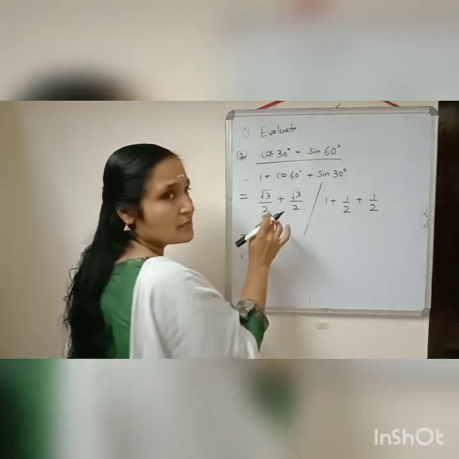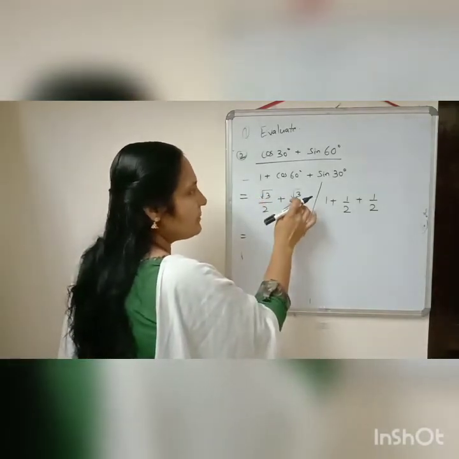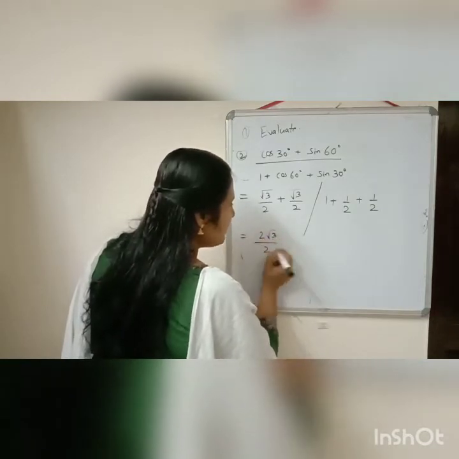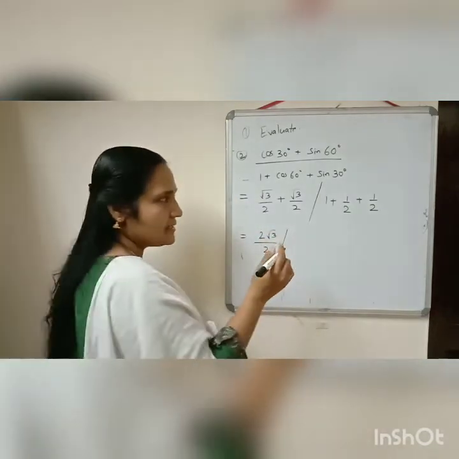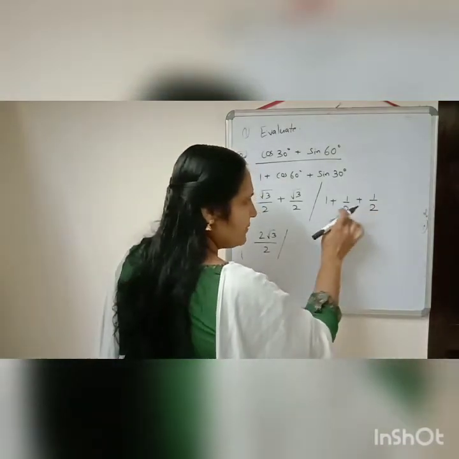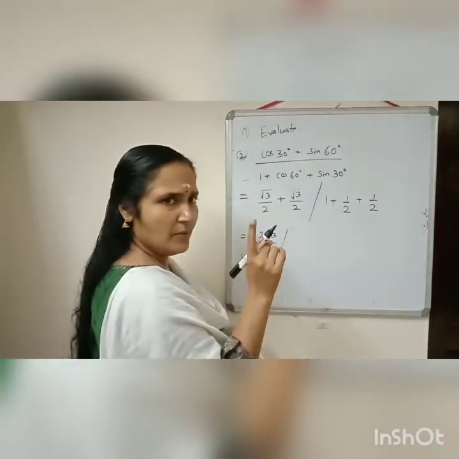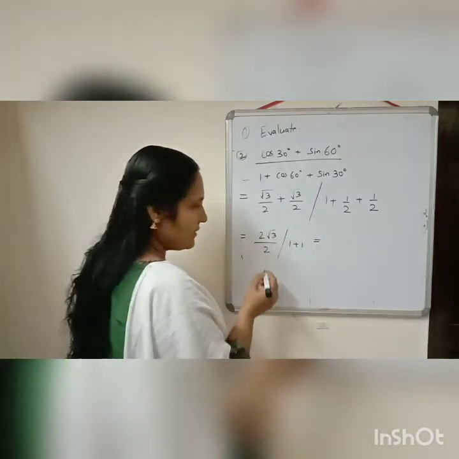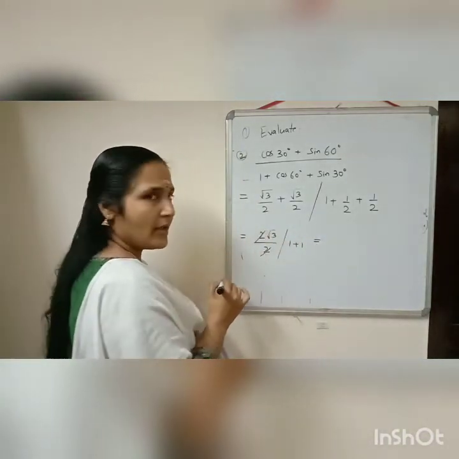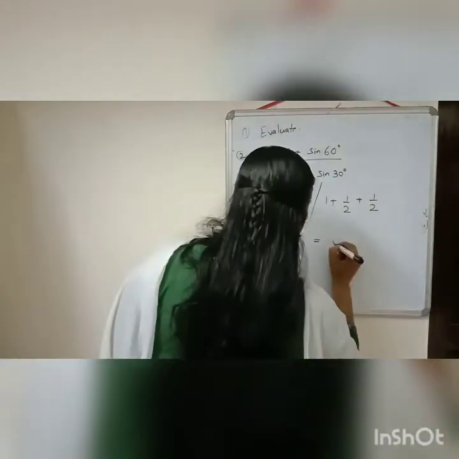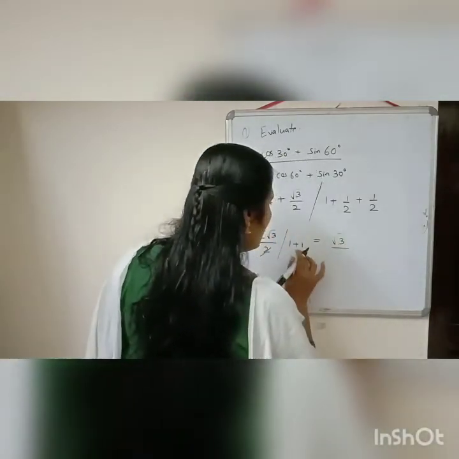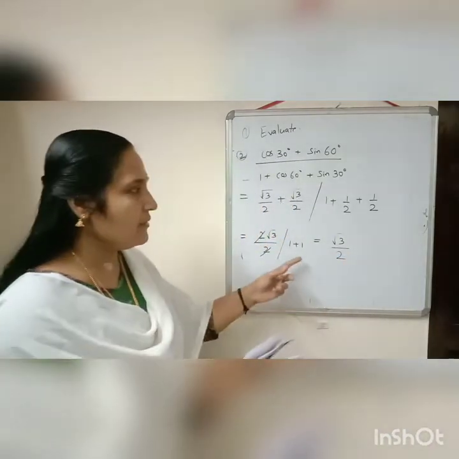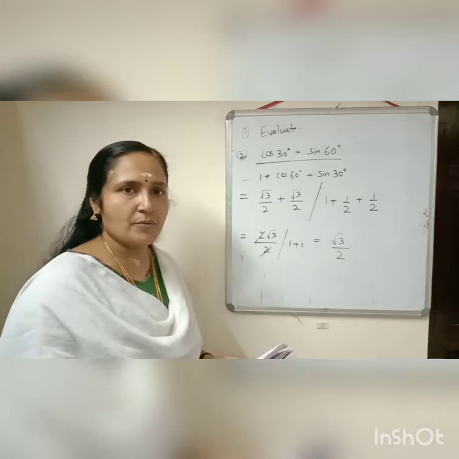Root 3 plus root 3 means 1 root 3 plus 1 root 3, so that will be equal to 2 root 3 by 2, divided by 1 by 2 plus 1 by 2, which is 2 by 2. So that is 1, and we get 1 plus 1. Here the 2 and 2 get cancelled. Remaining will be root 3 by 1 plus 1, which is 2. So our answer will be equal to root 3 by 2.